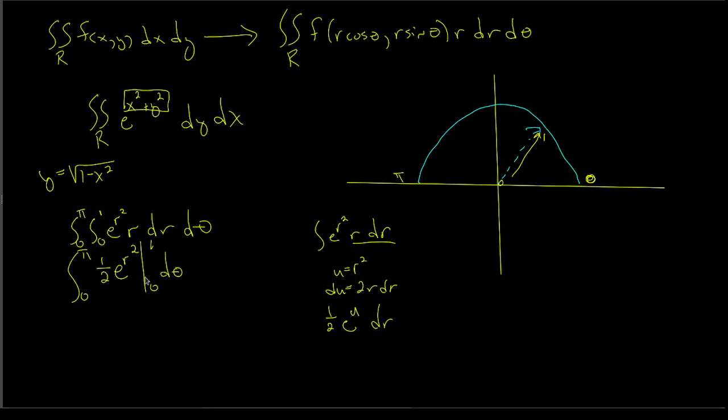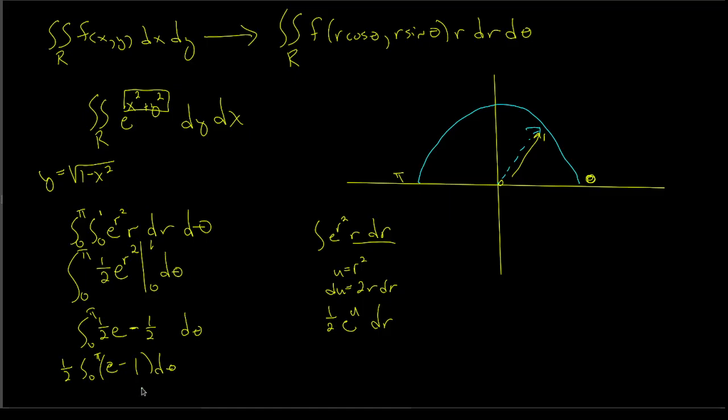And if we evaluate this from 0 to 1, this is going to be 1/2 e minus 1/2, right? Because 0 will give us 1/2, from 0 to pi d theta. We can move the 1/2 out front, so we'll get the integral from 0 to pi of e minus 1 d theta.